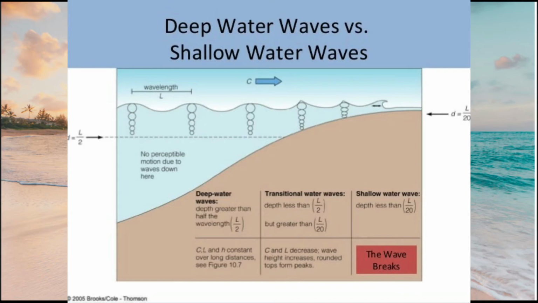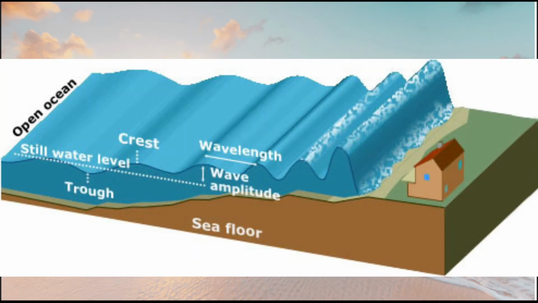This means their speed solely depends on the wavelength. Shallow water waves occur when the depth is less than 1/20th of the wavelength. The waves basically touch bottom because the depth is shallower than the wave base. This means the orbital motion is affected by the seafloor. The speed of shallow water waves depends on the depth.